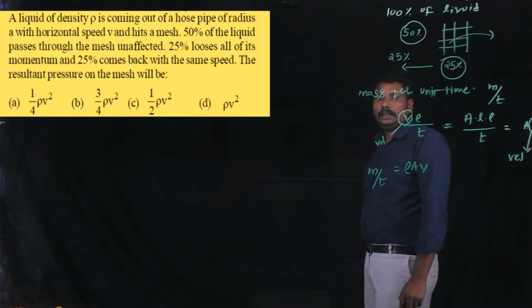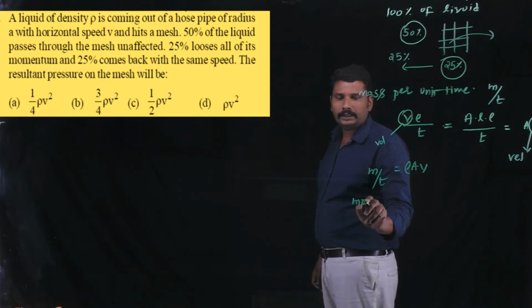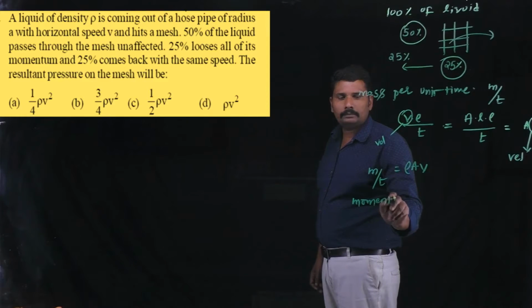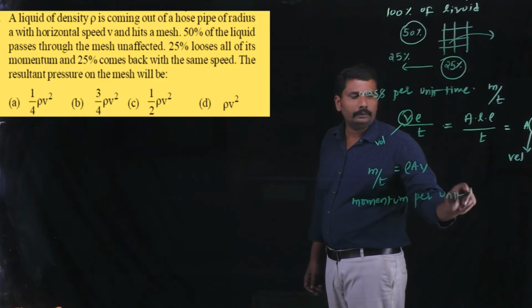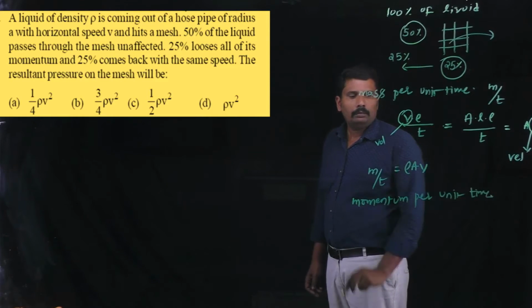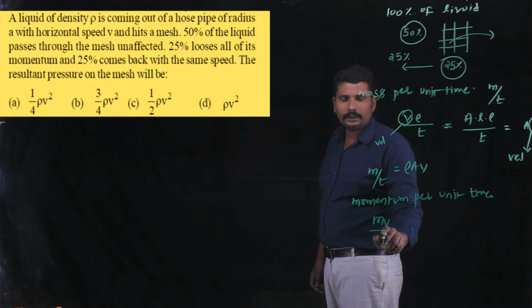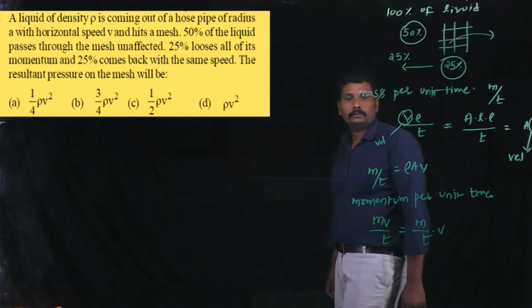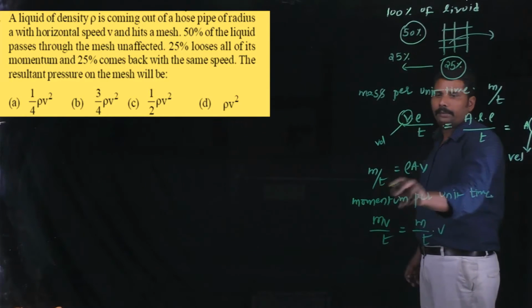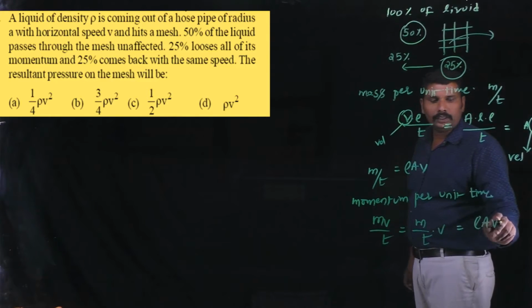And momentum per unit time is mv by t. Simply it is m by t into v. We already got m by t as rho a v, into v.